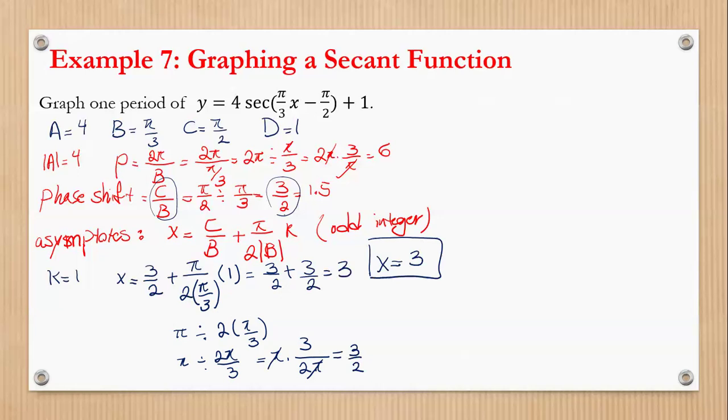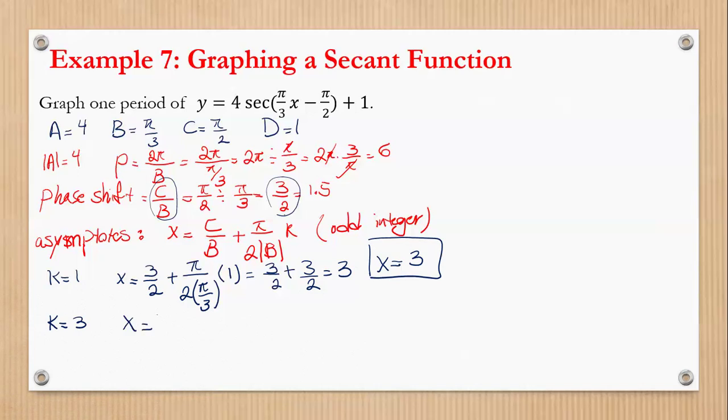Since k can be any odd integer, I'm going to replace another odd number and see what we get. If I replace k by 3, let's see what we get. So C over B, which is 3/2, plus pi over 2 times pi over 3, and then this time the k must be 3.